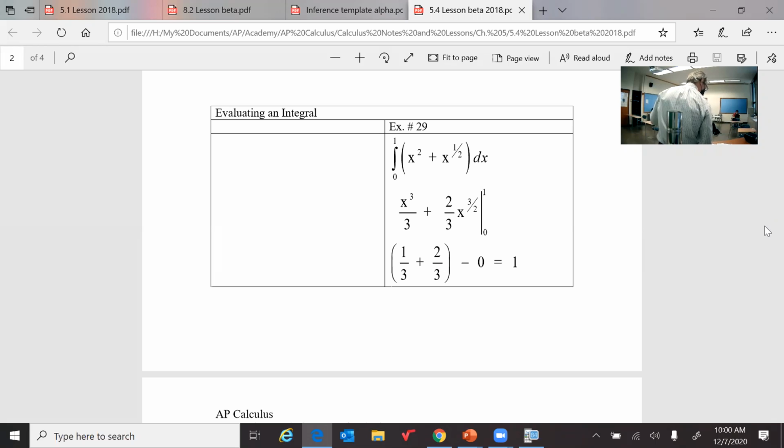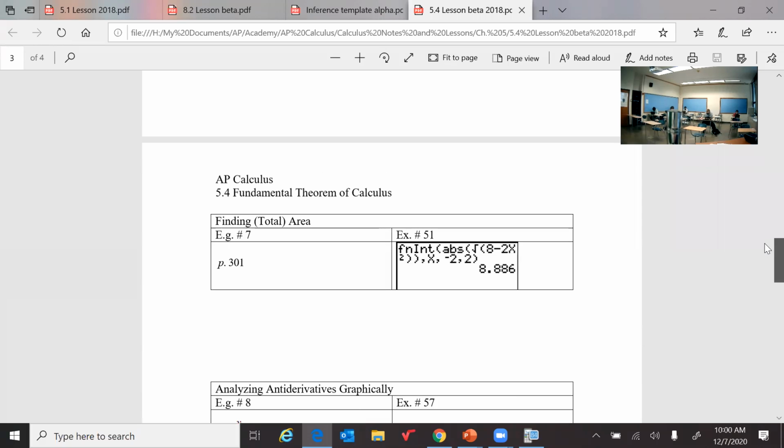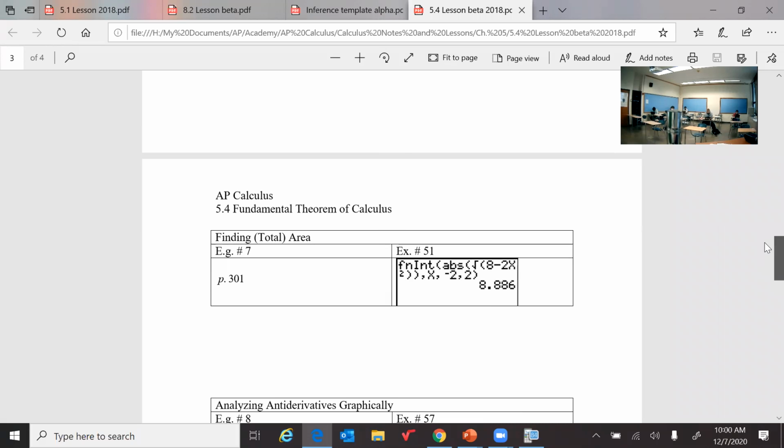If you wanted the total area in there, you would use absolute value, and it would reflect everything that's in quadrant 3 and 4 up into 1 and 2. You see that picture in the margin, page 301. So the absolute value gives the prompt, okay?